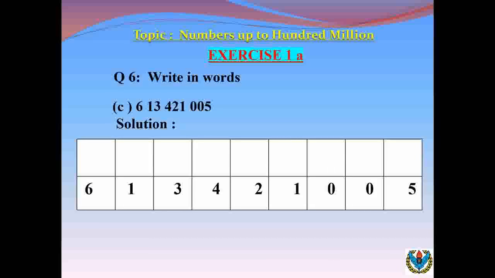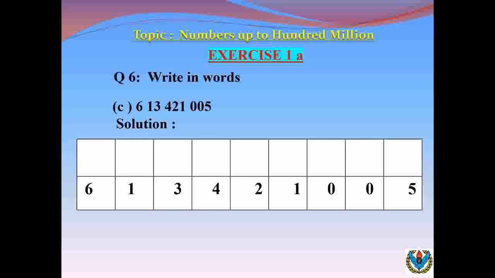Next, page number 7. We will solve question number 6 of this page. Again, we have to write it in words. The number they have given us is a 9-digit number. We will put it in a place value table. We will write place values on each of its digits.